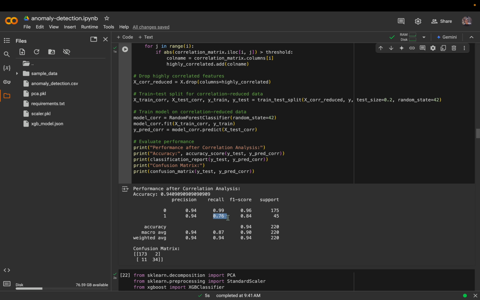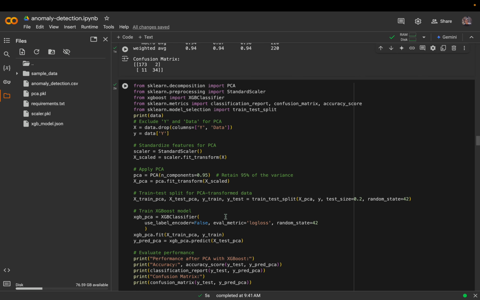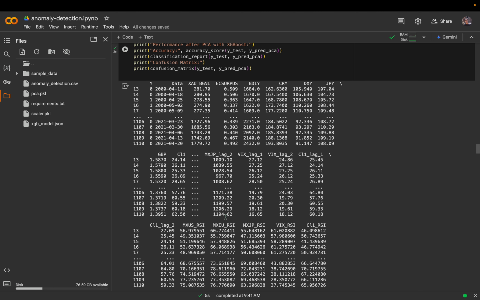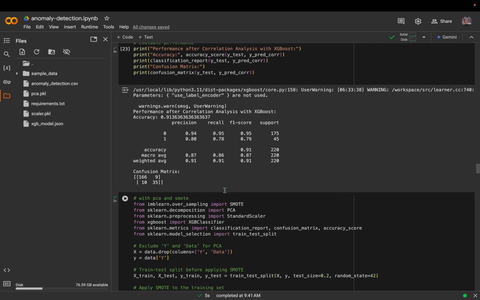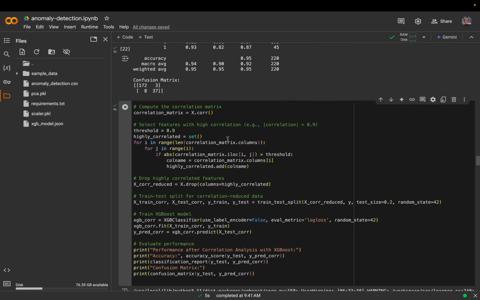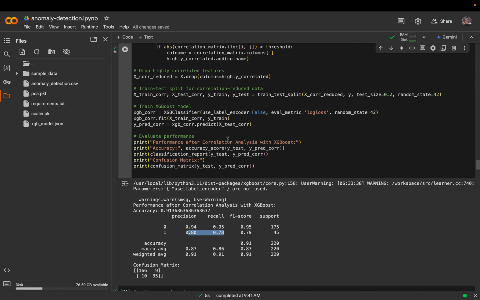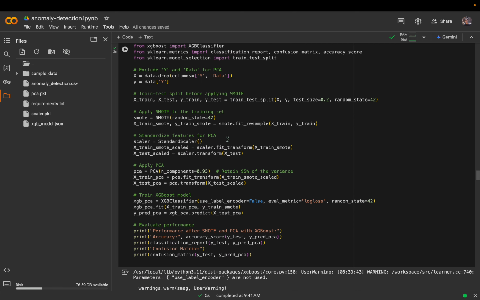It didn't perform well on recall again after correlation analysis for random forest, and after PCA, XGBoost performed well on precision and recall also improved, and that's good. And then again after correlation analysis, it did average on both of them. So I think the PCA was better than the correlation analysis, which is okay.